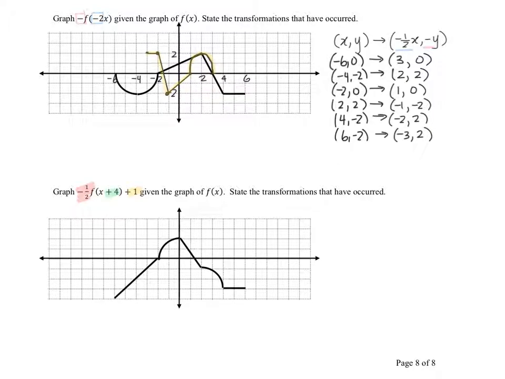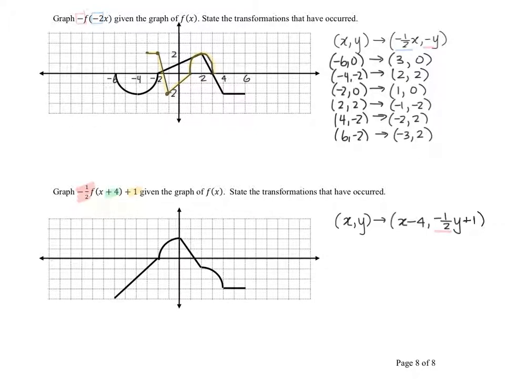So let's write down our mapping notation formula. (x, y) is going to become (x - 4, -half y + 1). The x minus 4 is for 4 units to the left, and the negative half y plus 1 takes care of the vertical compression by a factor of half, the reflection on the x-axis, and the translation 1 unit up.